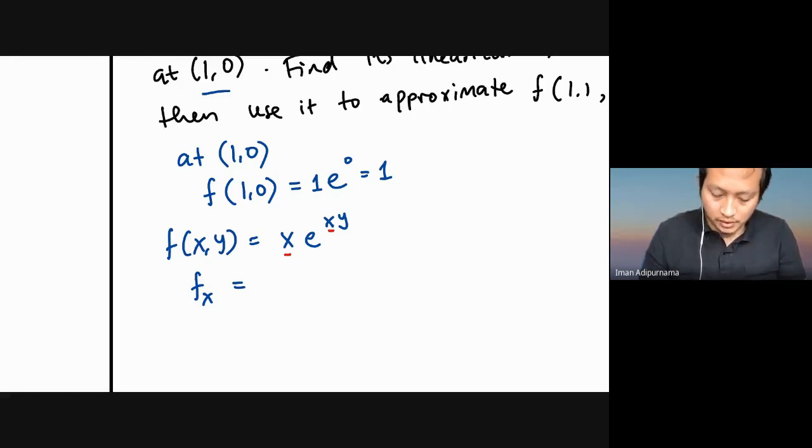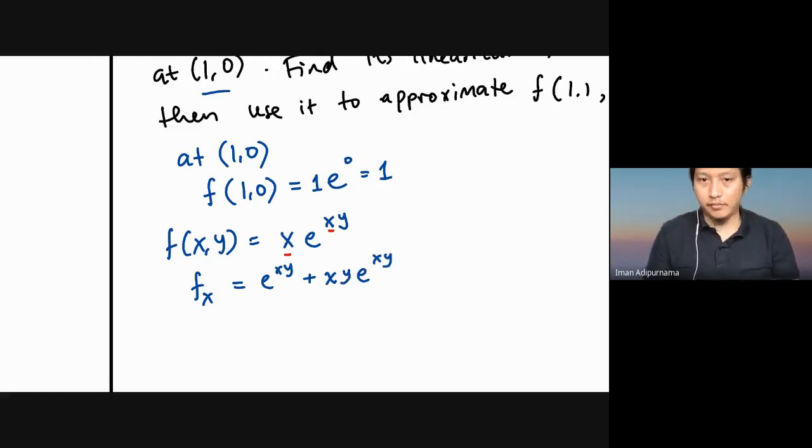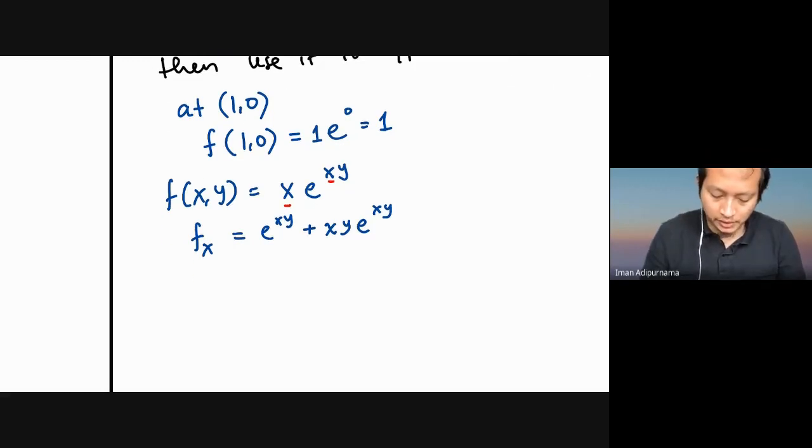So first x differentiate becomes 1, so e^(xy) plus x, and then differentiation of xy becomes y e^(xy), right? Hope you can get used to this form. Okay, that's the partial x.